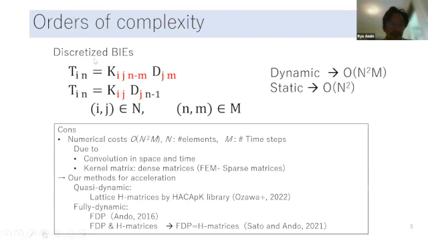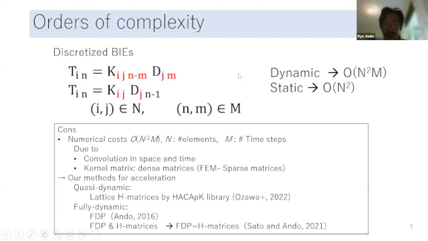If we consider the discretized form of a boundary integral equation, the stress T at element I, time step n, can be computed by the matrix-vector product with the kernel here and slip history here, in terms of the space J and time m, like this.